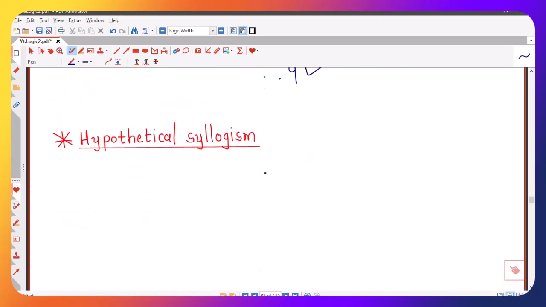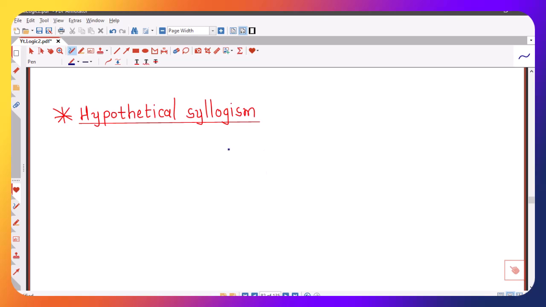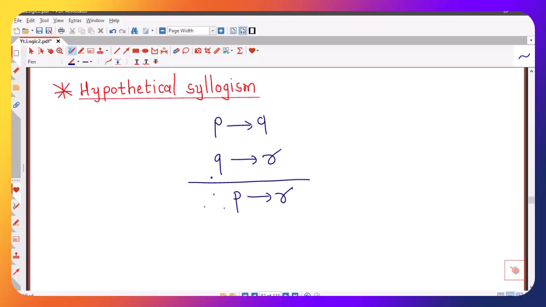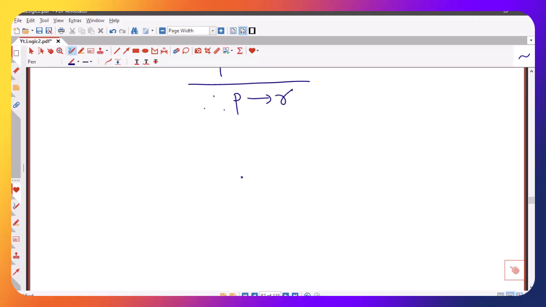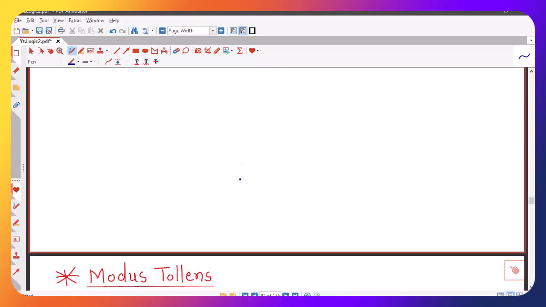We have also seen hypothetical syllogism, and this rule of inference says that whenever P implies Q and Q implies R, then we have P implies R, and we have also proved this in the previous lecture using truth table. So similarly we can check the validity of the other rules of inference also.